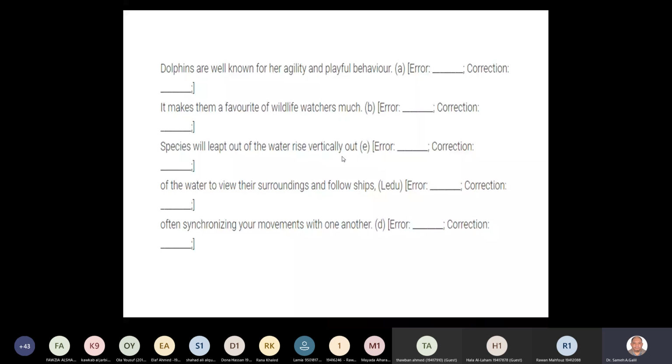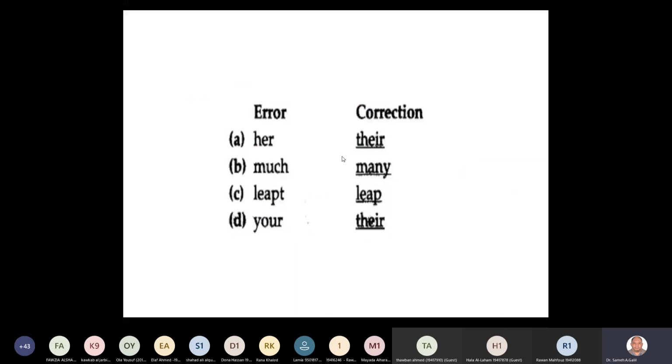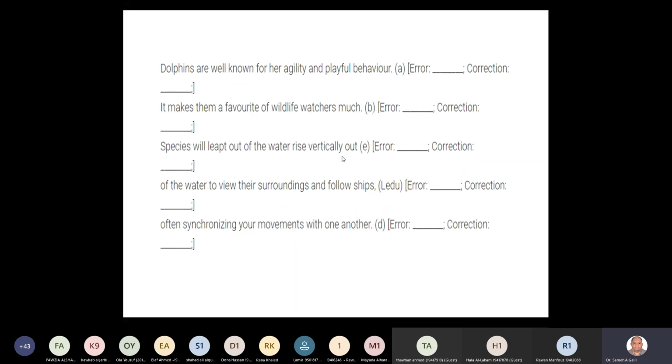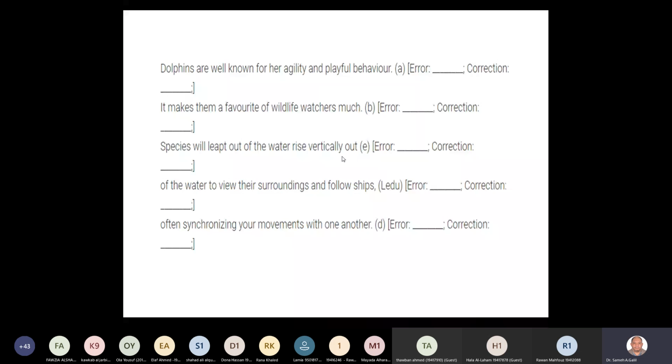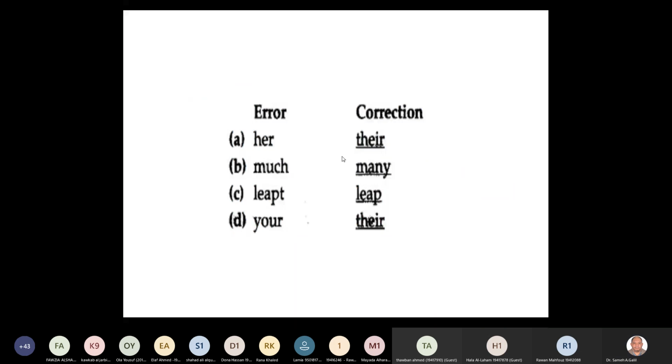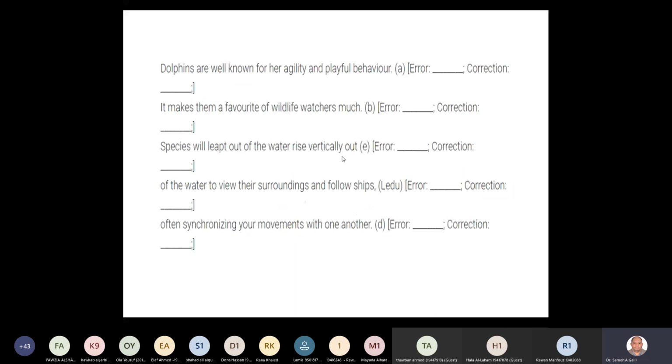Okay, right. And then where is many? Oh, remember, it makes them a favorite of many wildlife watchers, like we agreed. And then leap, like we agreed. Species will leap out of the water. And then he kept it as is, and I don't know how.